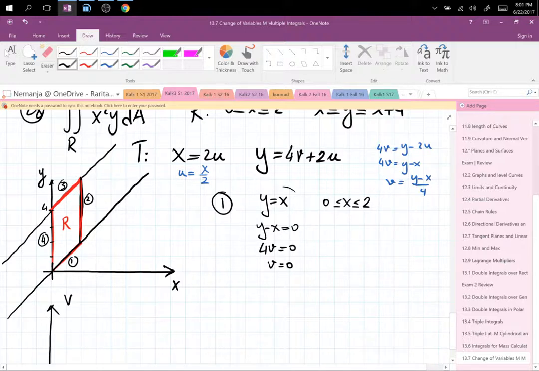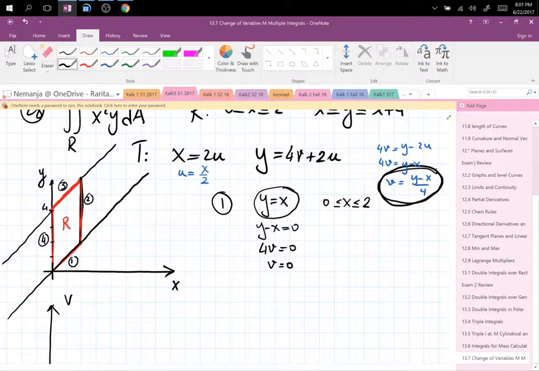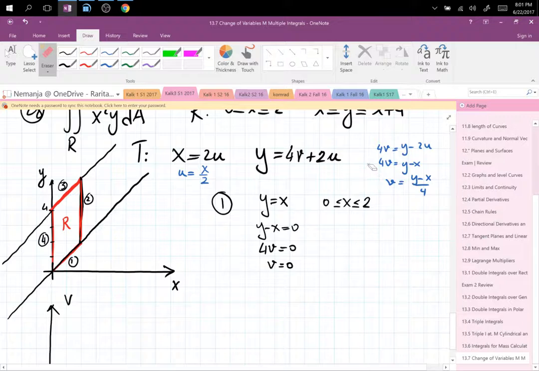Because when I move this equation to get the one below, I see the same structure, y minus x and y minus x. So y minus x is equal to 4v when I move the 4 to the other side. So v is equal to 0.